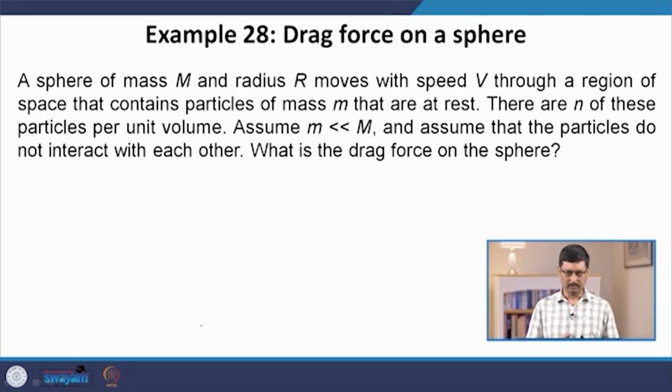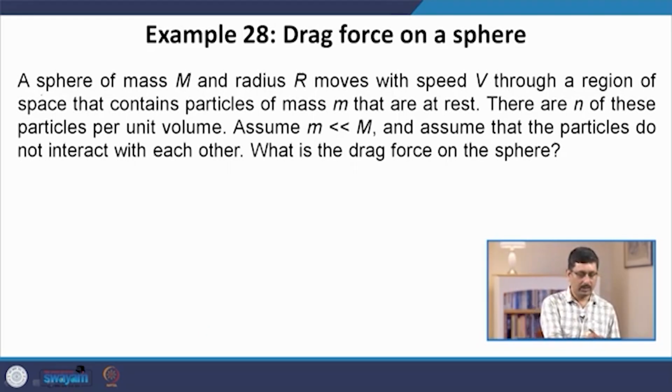Remember, in an earlier week we derived an expression for the drag force by dimensional analysis. Now, our first goal today is to derive an expression for the drag force on a sphere moving inside a viscous liquid from the collision picture, which is the more physical picture. So, the picture is the following.